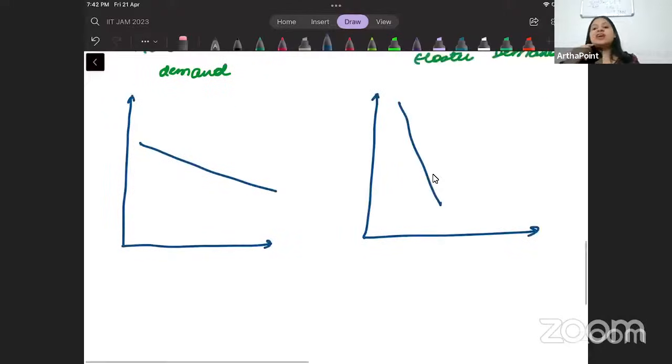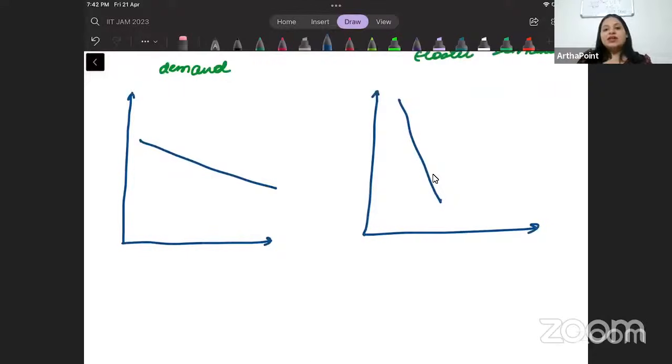So the more the elasticity, the flatter the demand curve. The less the elasticity, the steeper the demand curve.